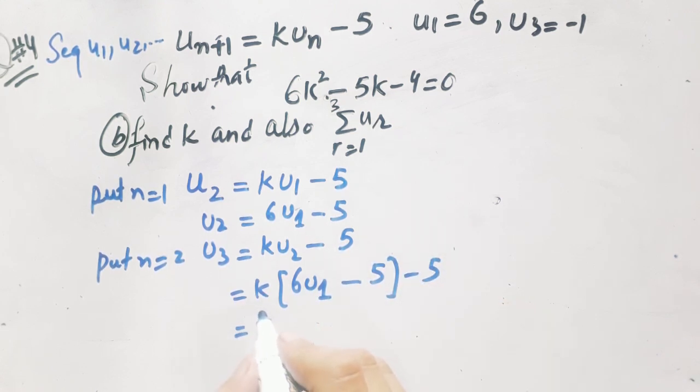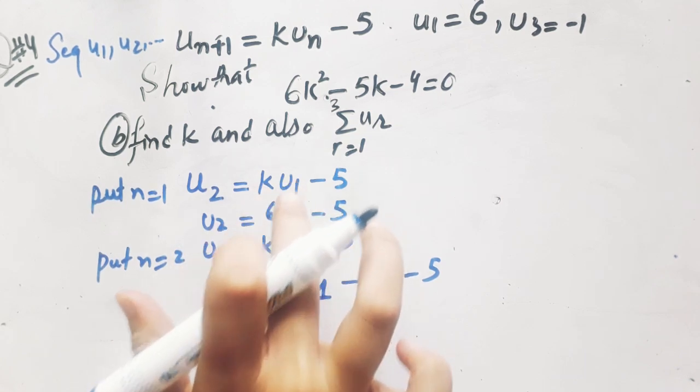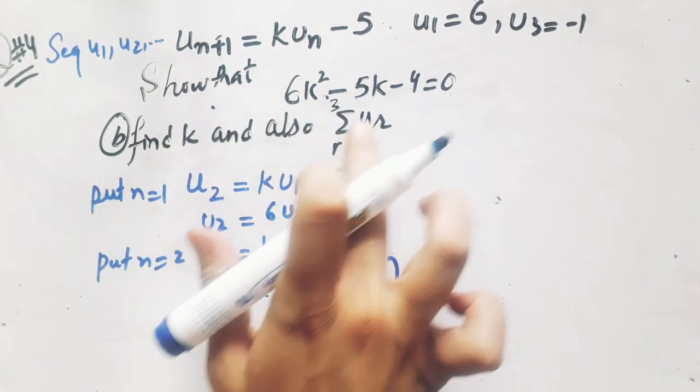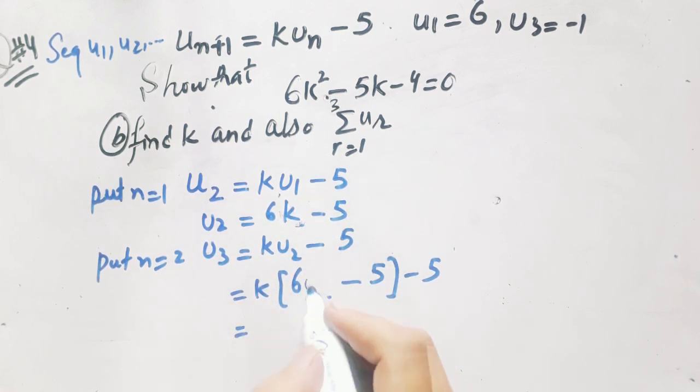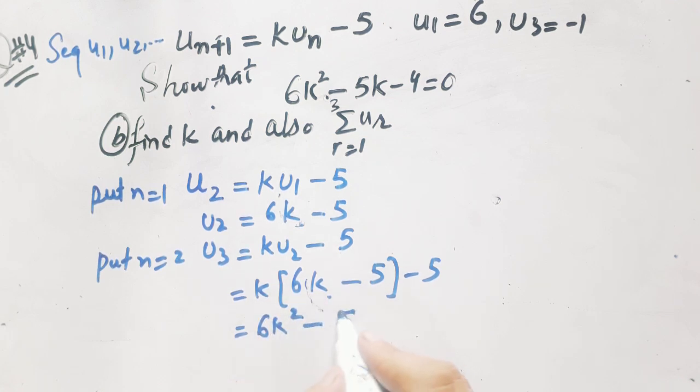So this is equal to the, this is the value of u1, that is 6. So here we write 6k, so this is equal to the 6k square minus 5k, then minus 5.